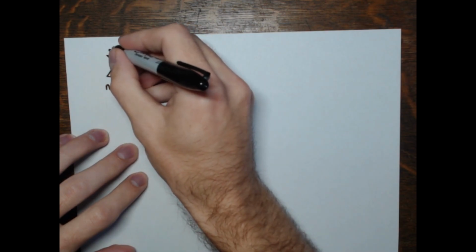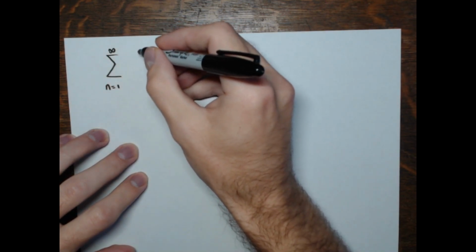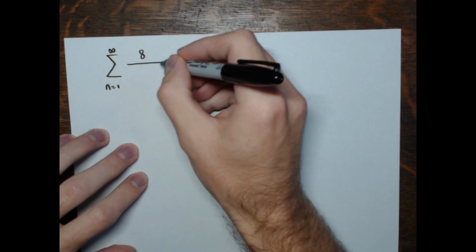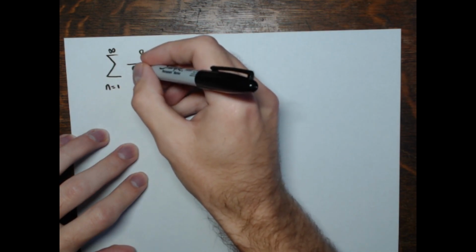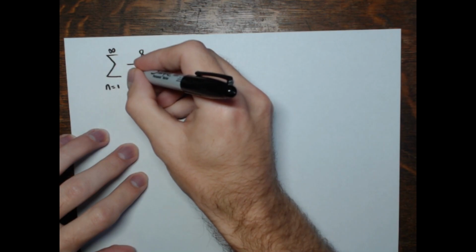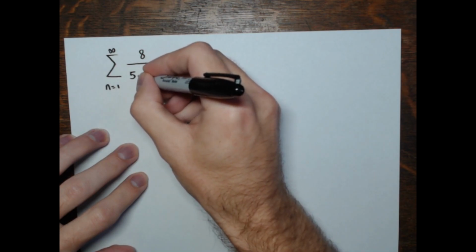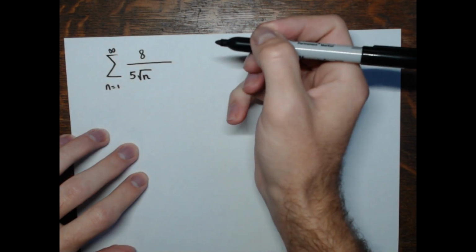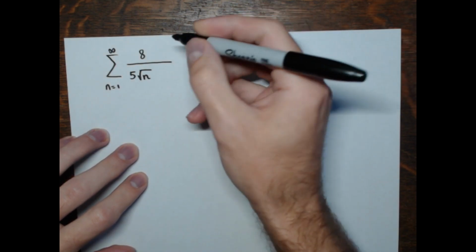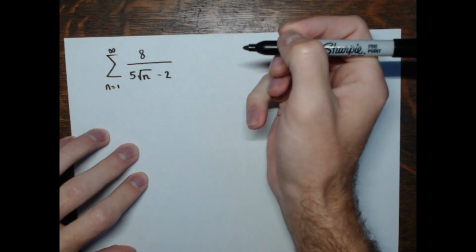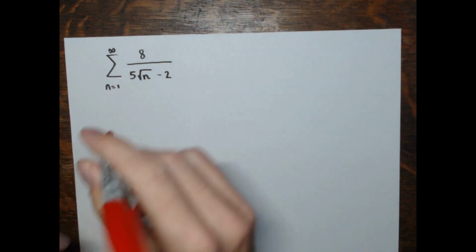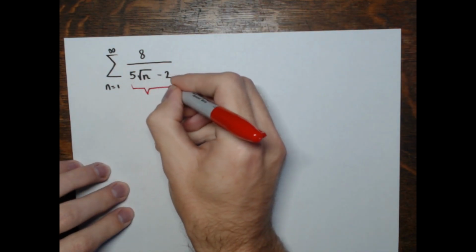We have the sum from n equals 1 to infinity of 8 over the square root of 25n, but I'm just going to write that as 5 times the square root of n, and then minus 2. I'll call these my a sub n's.